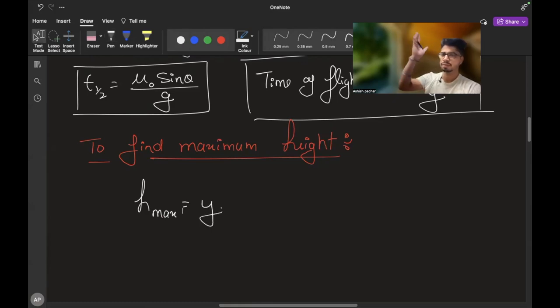Initially, we can take it that you are launching from the ground only.